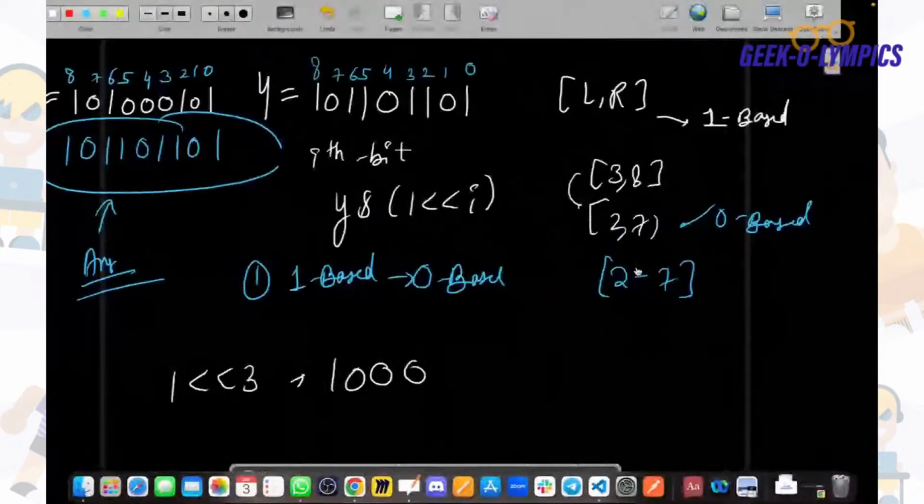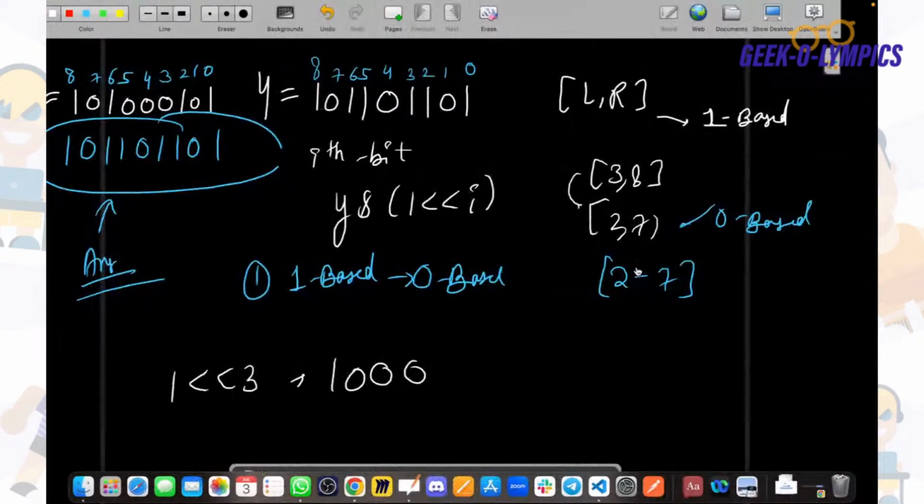I will tell you an article where you can learn more about this: bit manipulation GFG. Yeah, you can see here it says check whether kth bit is set or not.